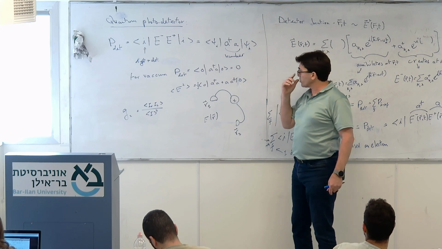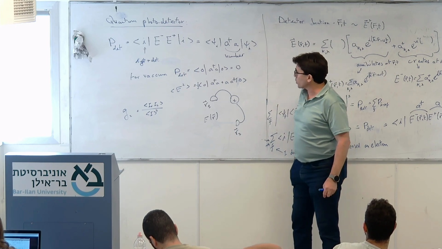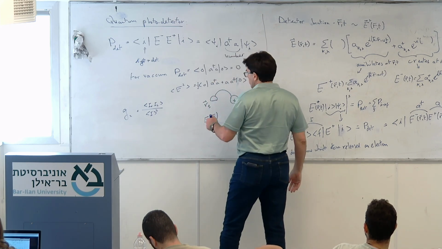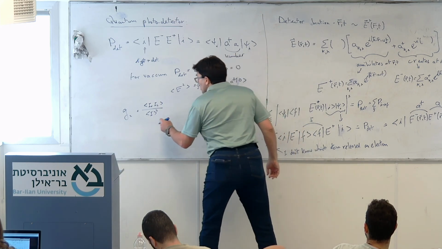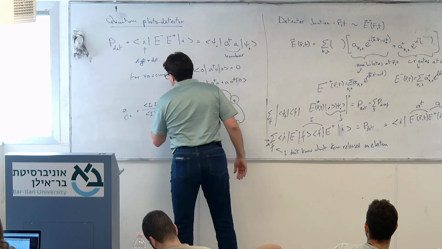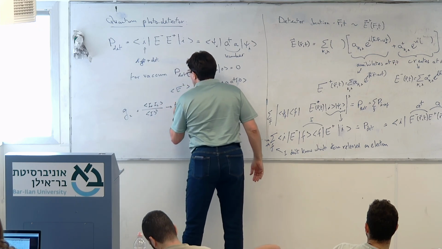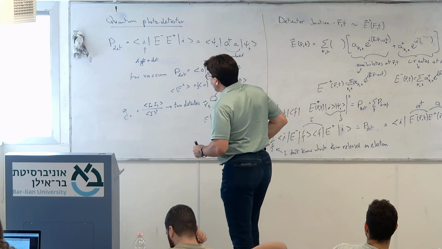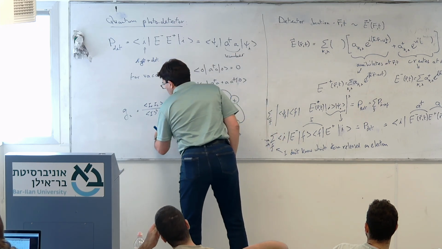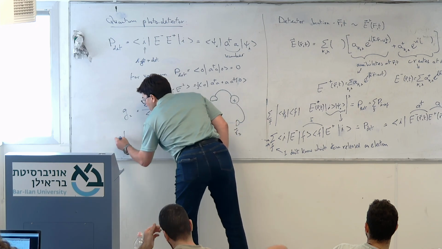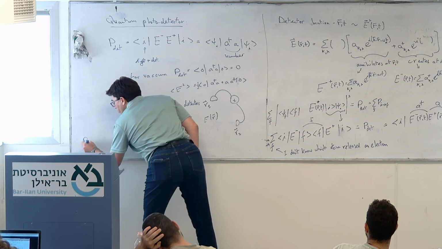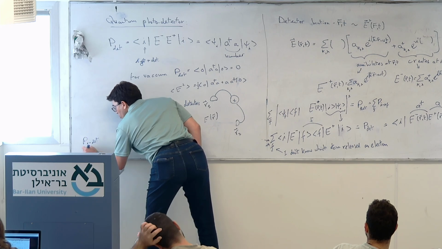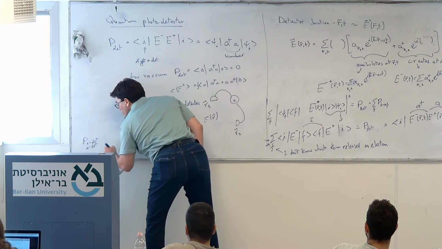So there was some state. I'm going to talk about G2, which means we're going to discuss two detectors. So I have a detector 1, and there is the probability of 1 to detect and also 2 to detect, both of them.